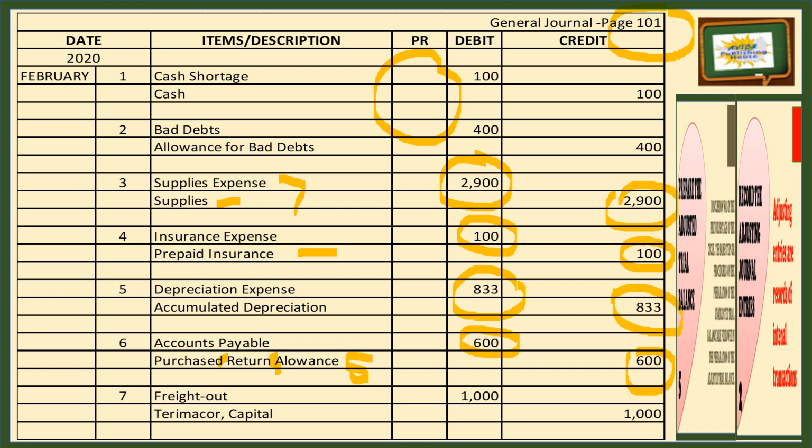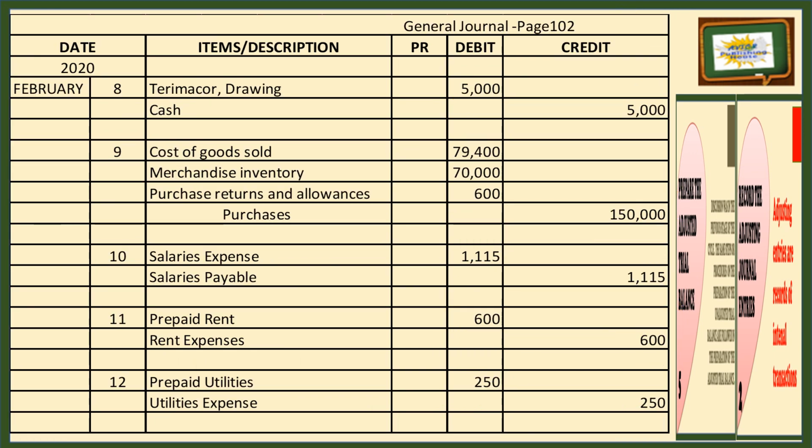Freight out, which is a selling expense, is debited by 1,000. This was advanced by the owner without being reimbursed, so it becomes additional capital. The owner's capital will be credited to increase it by 1,000.